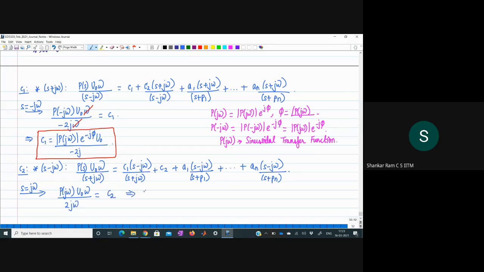So this implies that C2, this omega will get cancelled off, right? So what will we have for C2? P of j omega is going to be the magnitude of P of j omega e power j phi, and then u naught divided by 2j, correct? So that's what we will have.